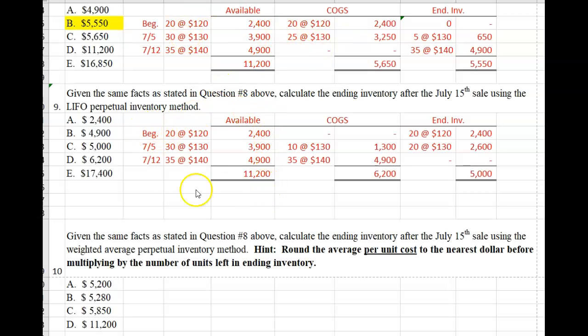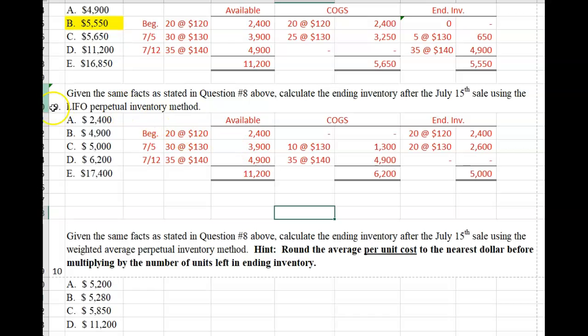I calculated the same goods available for sale of 11,200, but then under LIFO, we assigned the cost of the most recent items purchased to cost of goods sold. So the full 35 units at $140 ends up in cost of goods sold, leaving none in ending inventory.